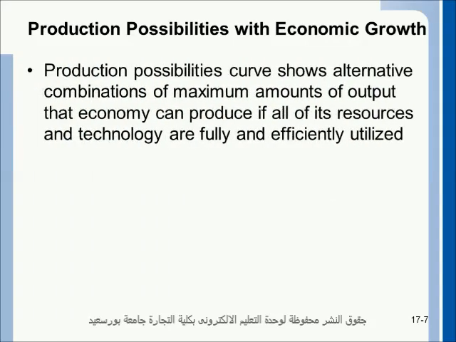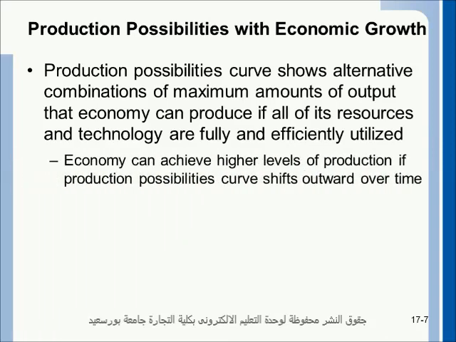And if we give another indicator, like production possibilities with economic growth: the production possibility curve shows alternative combinations of maximum output or production that the economy can produce if all of its resources and the technology are completely and efficiently used. The economy can achieve a higher level of production if the production possibility curve shifts outward or up over time.